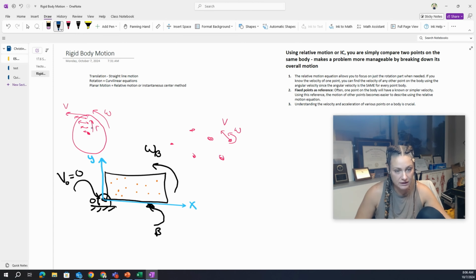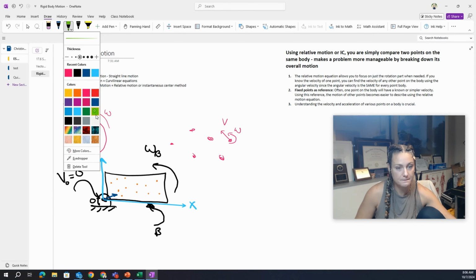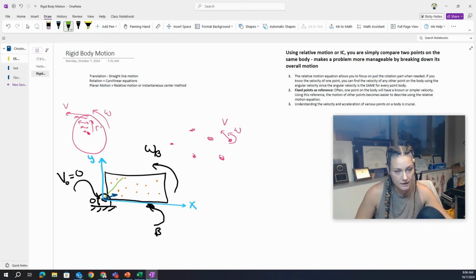Let's locate this one and this one just for our demonstration. I'll label them 1 and 2. If we look at the linear velocity of 1, the linear velocity is always perpendicular to its position vector. So the velocity of 1 will equal omega B cross R1 with respect to O.